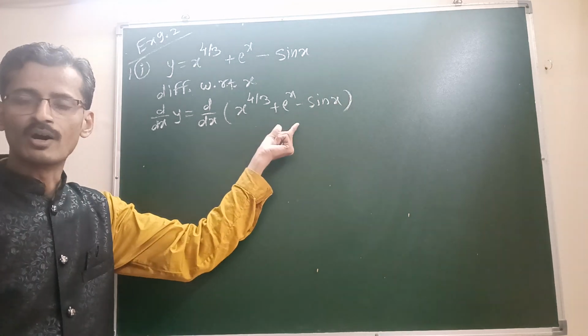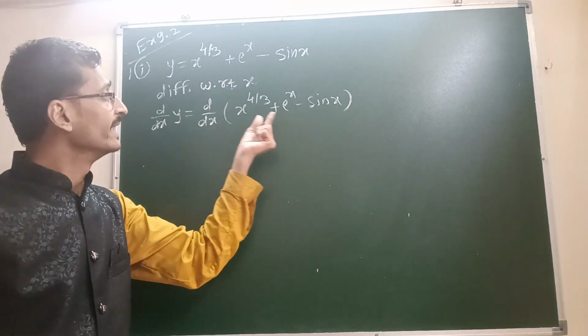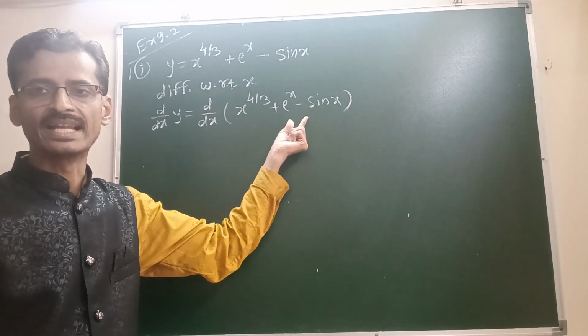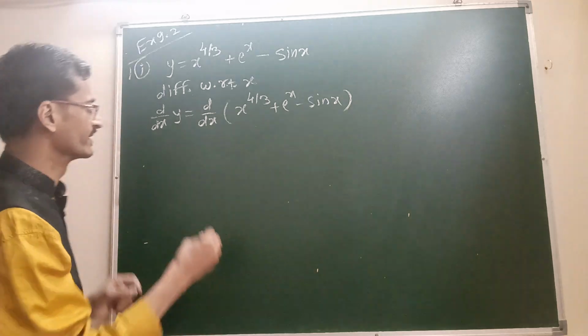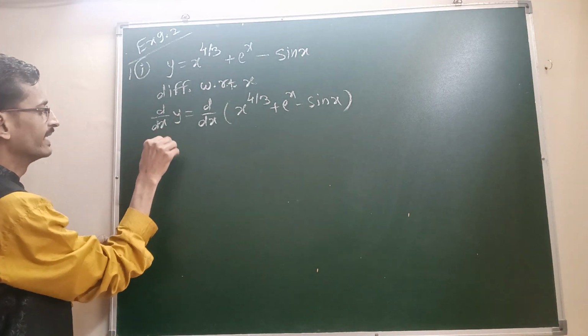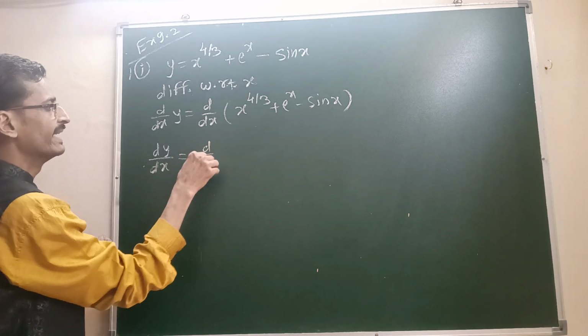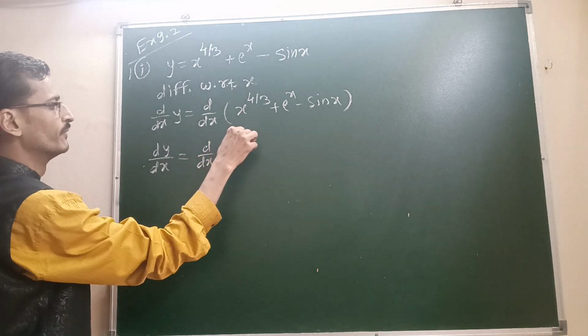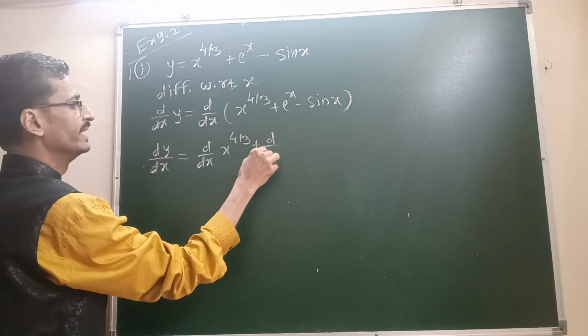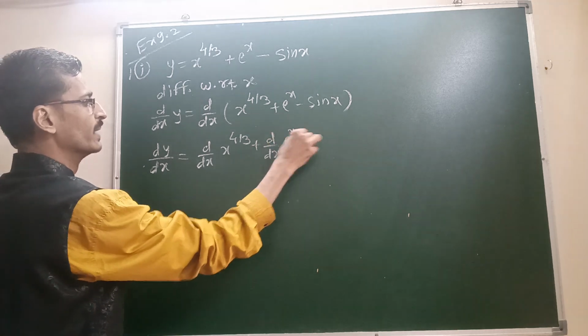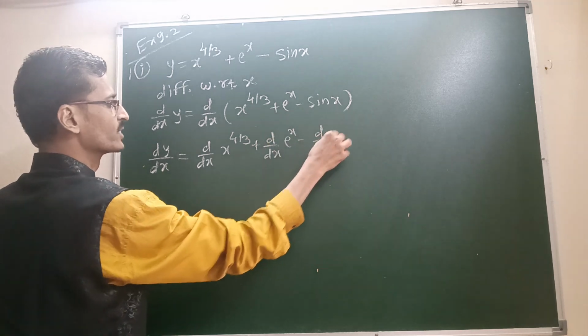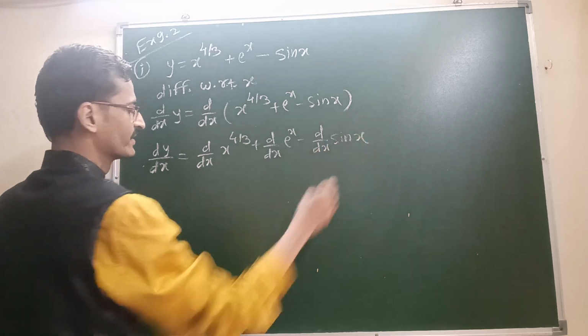For into and upon, there are some formulas. Now here plus minus is given, so we can write d by dx separate for this. So this we can write dy by dx. Here write d by dx of x raised to 4 by 3 plus d by dx of e raised to x minus d by dx of sin x.